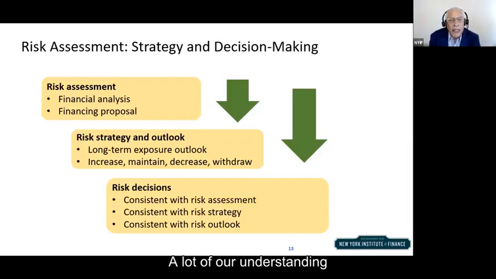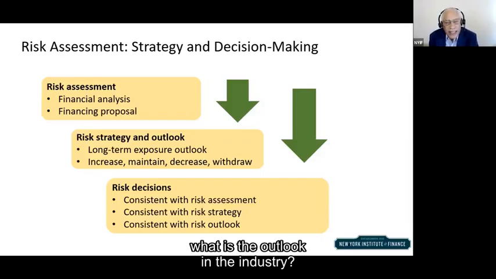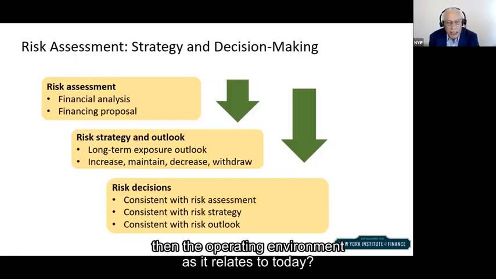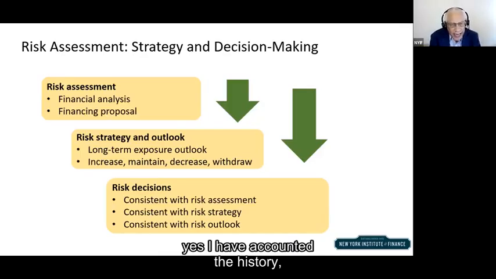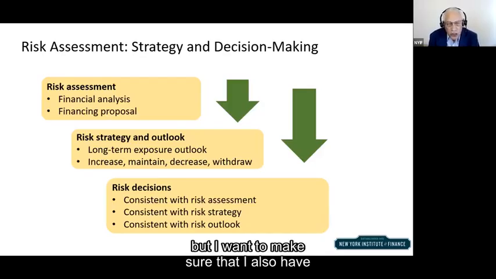So a lot of our understanding of financial performance is going to be based on historicals, but we want to consider what is the outlook in the industry, what is the outlook in the economy and in the operating environment as it relates to today, and then we might want to adjust our decision making or even adjust our ratings to the extent that I want to make sure, yes, I have accounted for history, but I also have an outlook for the future as well.